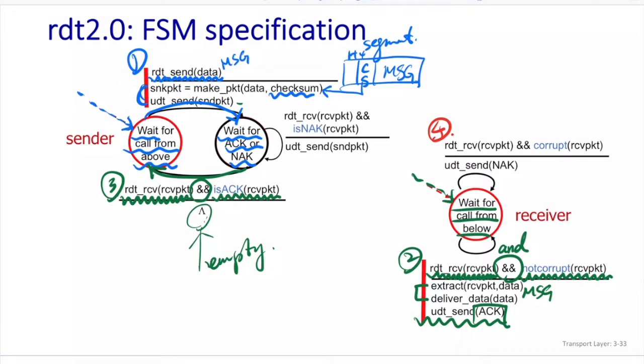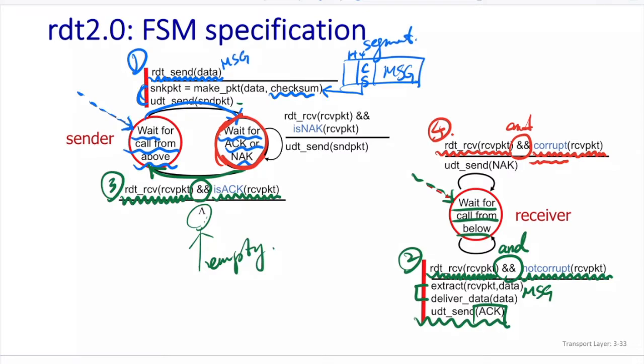So when the sender sends a message, it will stay right here, waiting for NAK or ACK. There's an error situation: when the receiver receives this message and, after the checksum, we figure out the packet has a bit error, so we say it is corrupt. Although the receiver received the segment, the bits in the segment have something wrong.